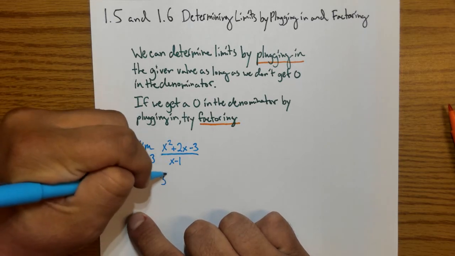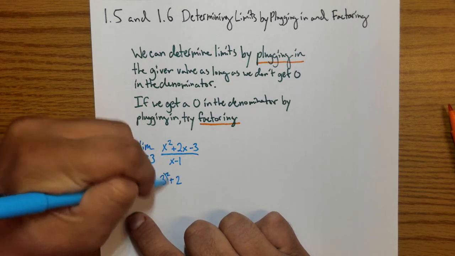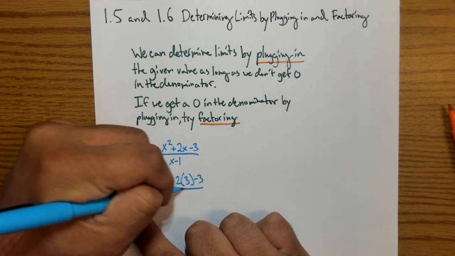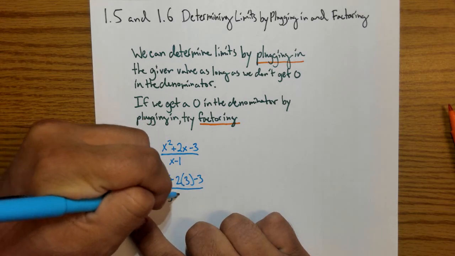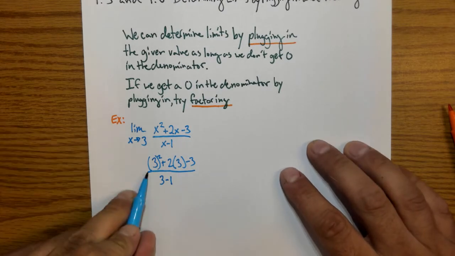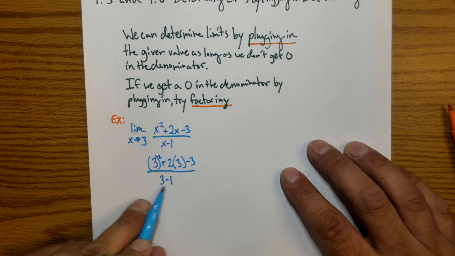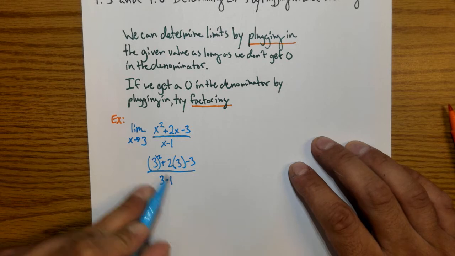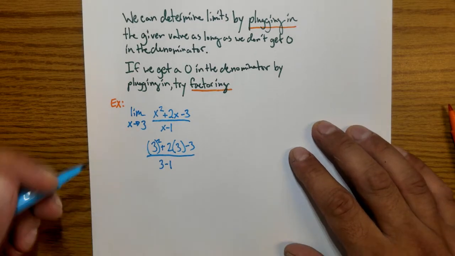So 3 squared, I'll put it in parentheses, plus 2 times 3 minus 3 equals 3 minus 1. And as we can see, we won't be getting a 0 in the denominator because 3 minus 1 is 2. So we can keep going. Let's go ahead and simplify this and see what we get as the limit.